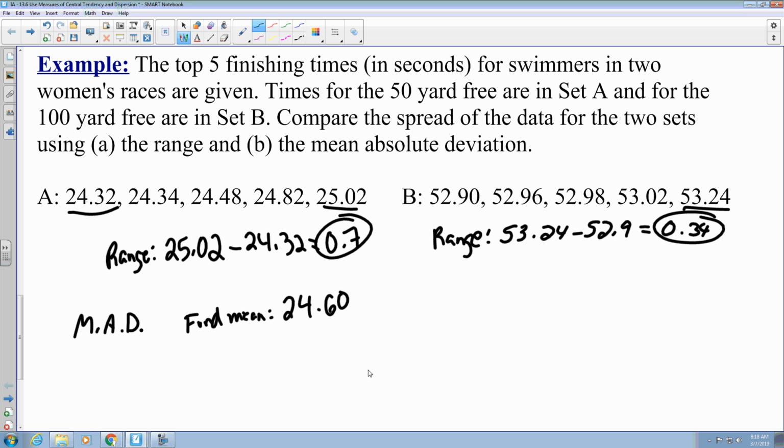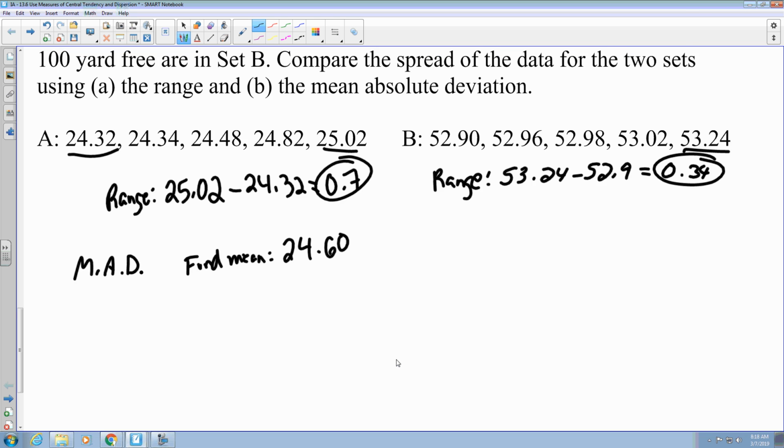Writing this out, you take the first value in the data set, 24.32, and subtract the mean, which is 24.6, plus the absolute value of 24.34 subtracted by 24.6, plus the absolute value of 24.48.